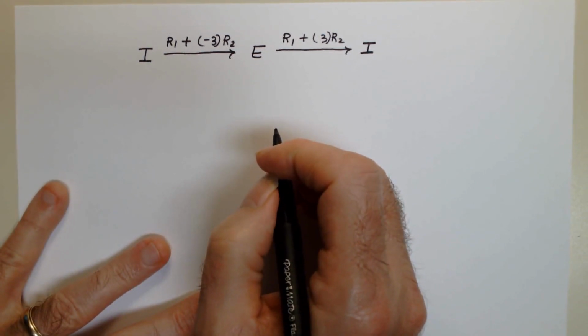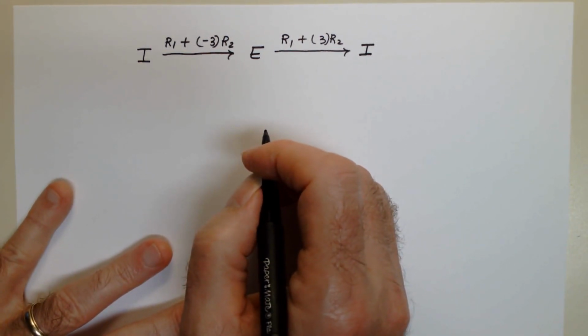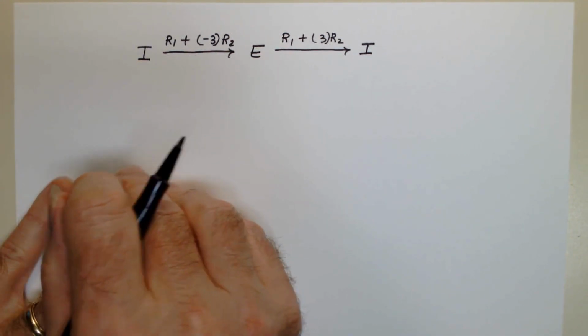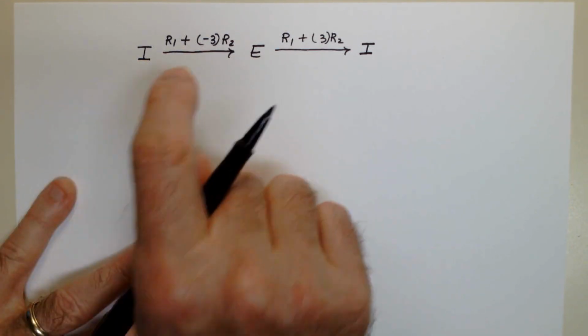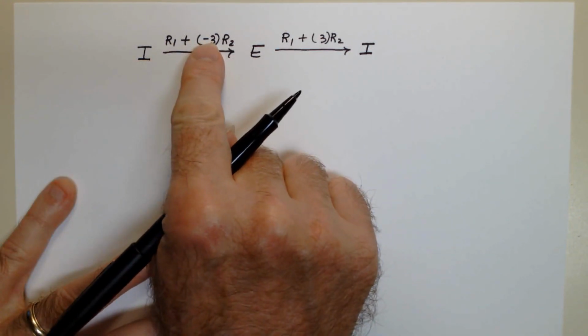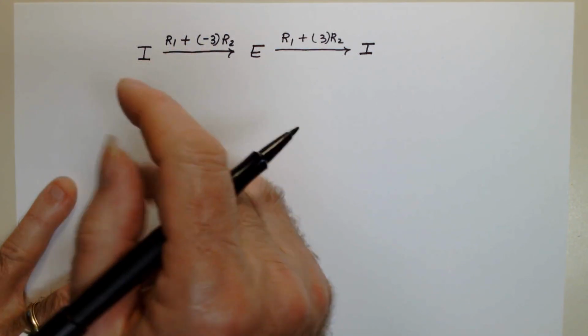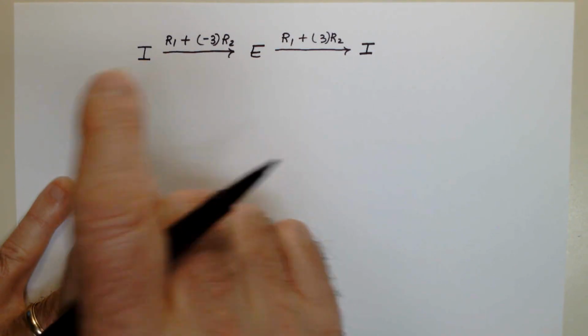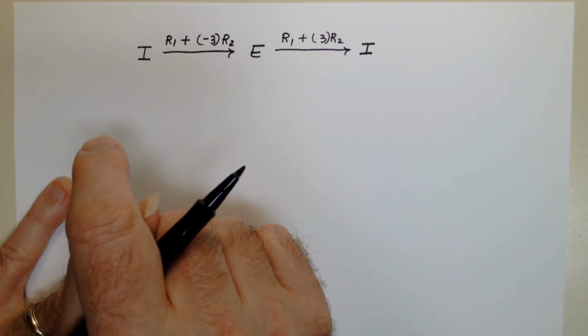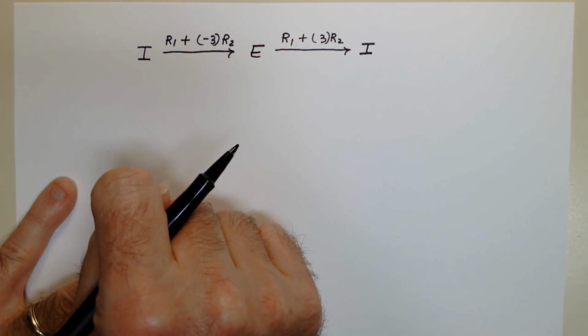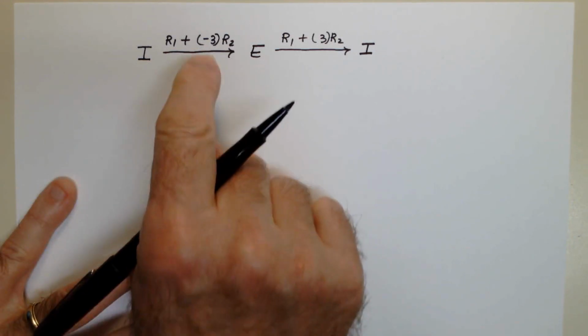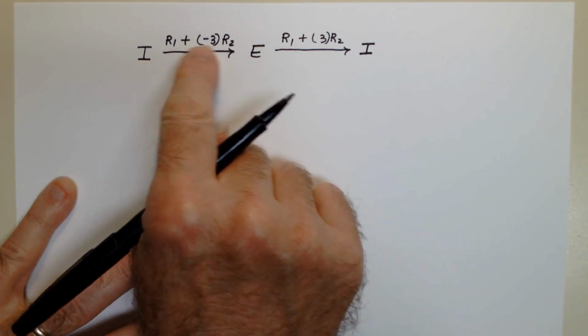All right, now, this is where things can get a little strange, but let's think about what's going on here. We now know that the change that a row operation brings about can be effected by multiplication by an elementary matrix on the left of the given matrix. What is the elementary matrix that effects this change?